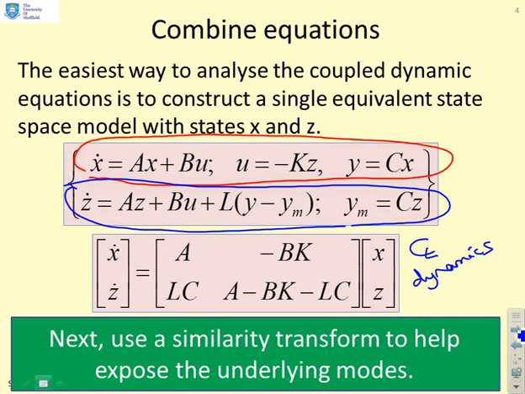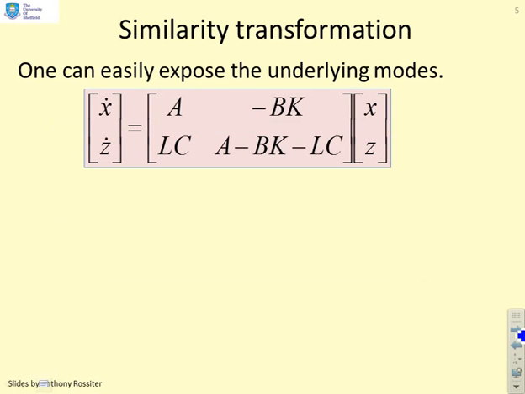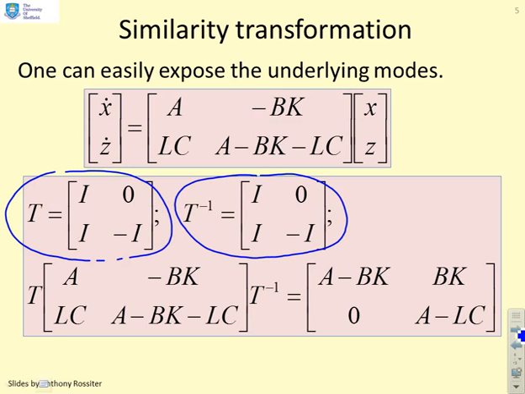So what we're going to do is use a similarity transform to expose the underlying modes or behaviors. So let's first of all repeat what we've got here, and now let's propose a similarity transform. So here it is. I'm going to use T given by [I 0; I -I], and you'll see T inverse comes out to be the same.